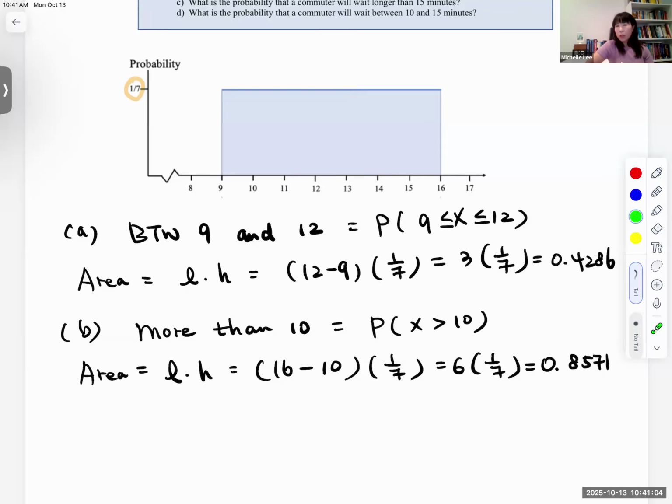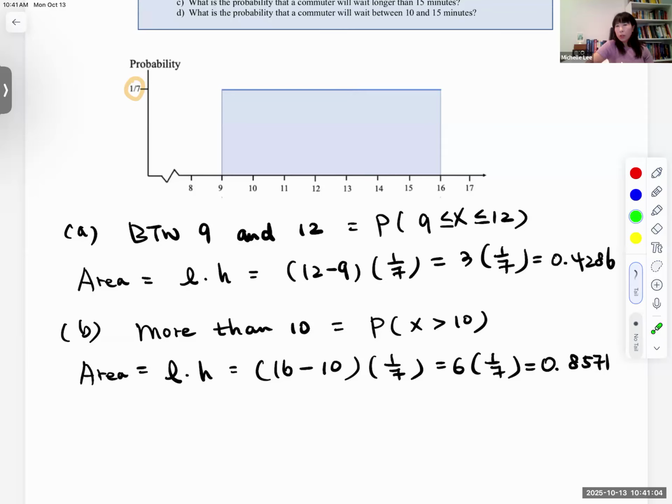Okay, let me write this down. All right, here we go. For part c, what is the probability that a commuter will wait longer than 15 minutes? So we're using the probability that X is greater than 15.